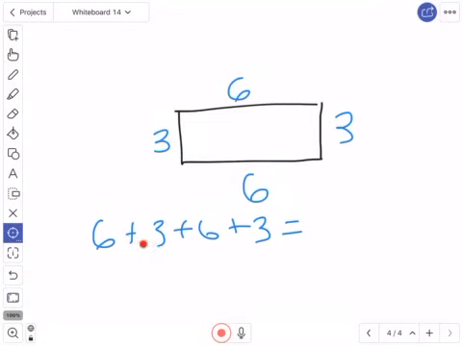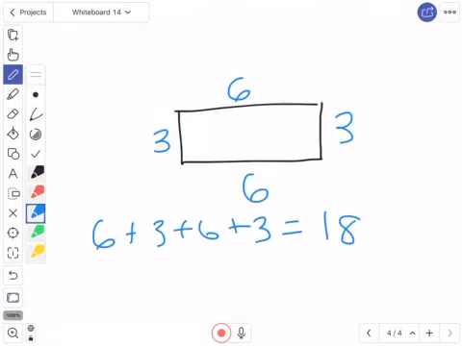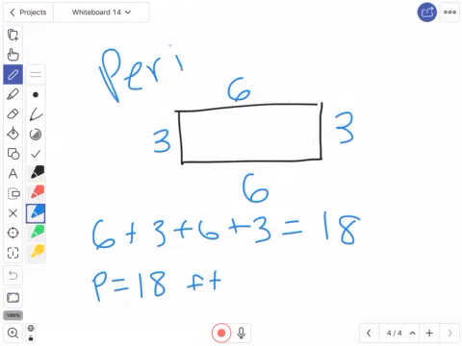Any way you want to add that up. But 6 plus 3 is 9, plus another 6 is 15, plus another 3 is 18. So the perimeter for this shape is 18. Let's just say it's 18 feet. So that's perimeter. The perimeter is the outside of a shape.